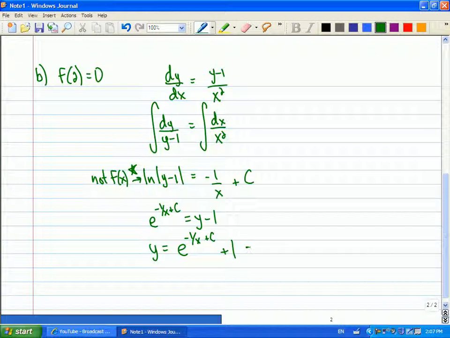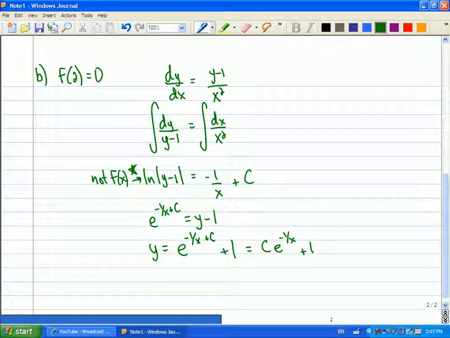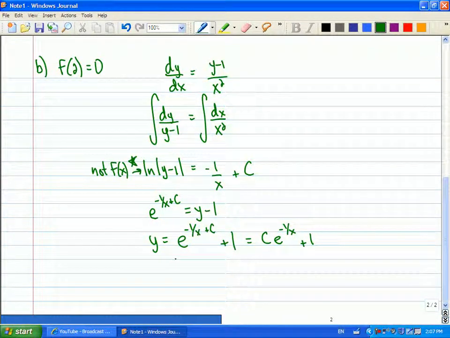At this point, you should be comfortable with this step. Hopefully I don't need to go into an explanation. It's just using the exponent laws. And then I know that when x equals 2, y equals 0. So 0 is equal to c e to the negative 1/2 plus 1.